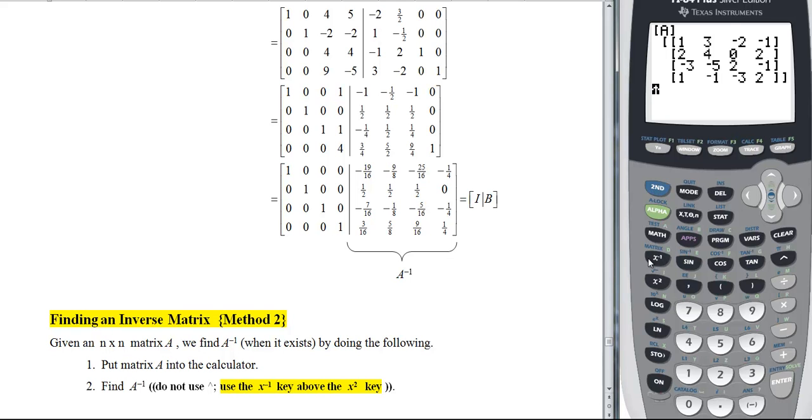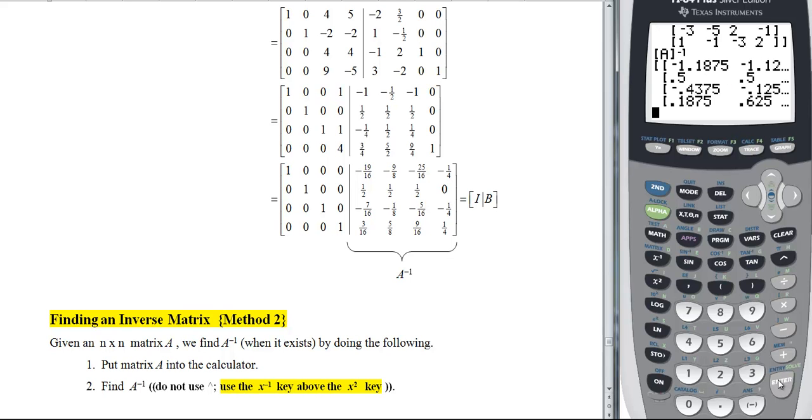So go get your second matrix, get A, use the inverse key, and then hit enter. Now do you remember what you have to do to change that to fractions? Let's see if I've got that. -9/8, and a half. I believe I do.